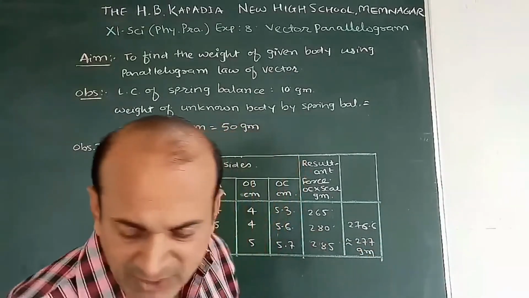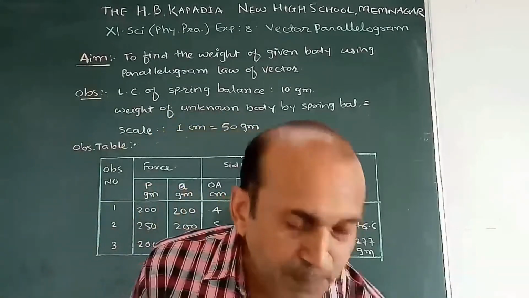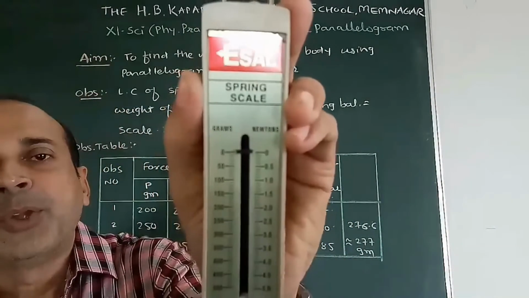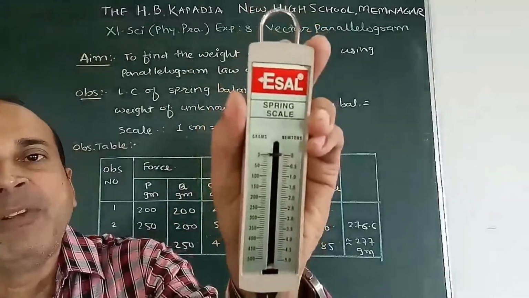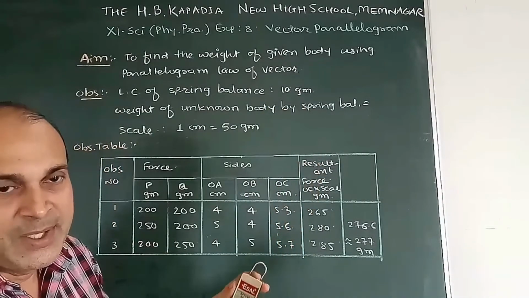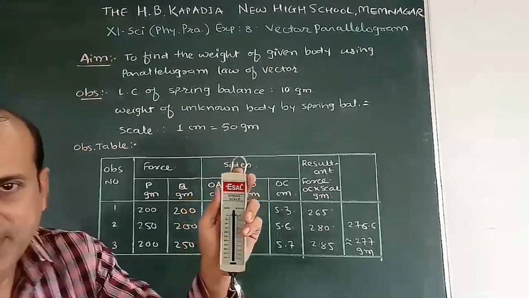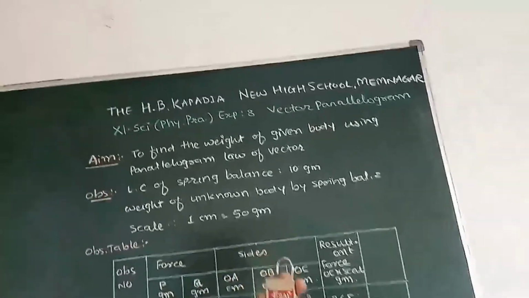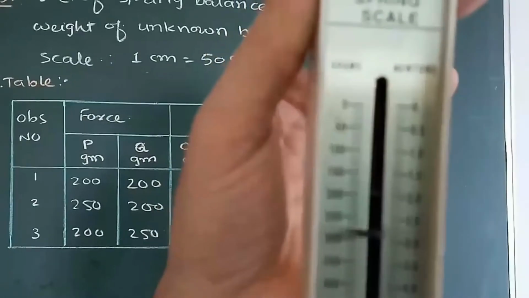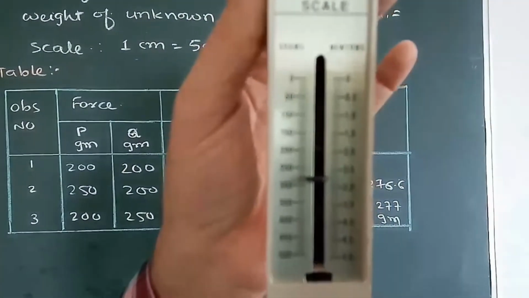Now let me verify our answer using the spring balance. The spring balance is here. Let me hang the object and measure its weight using the spring balance. When you hang it, the reading is 280.